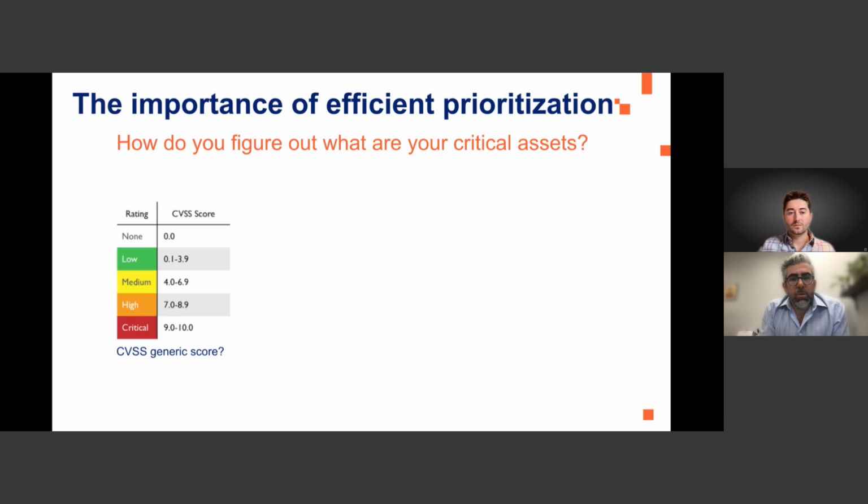But when we have so much to do and we are so limited, we need to prioritize. We have to pick the real cases that we want to take care of today. What is my team going to take care of today, because I believe this is the most important thing to do. How do you figure out what the critical assets are?